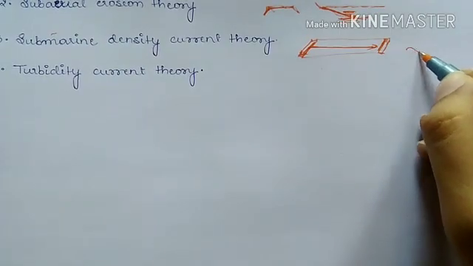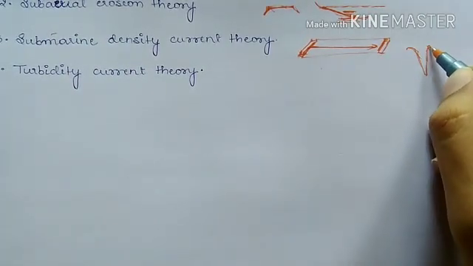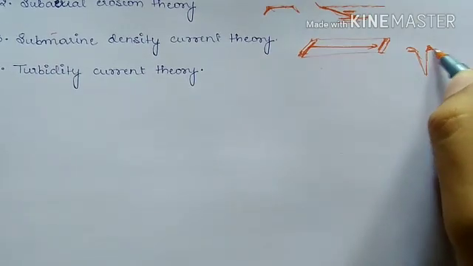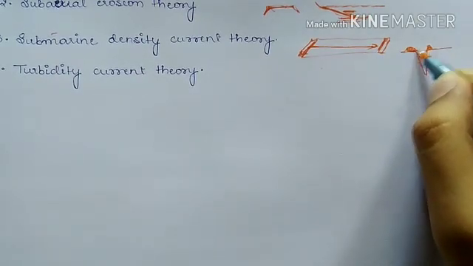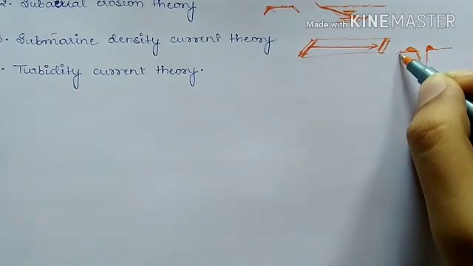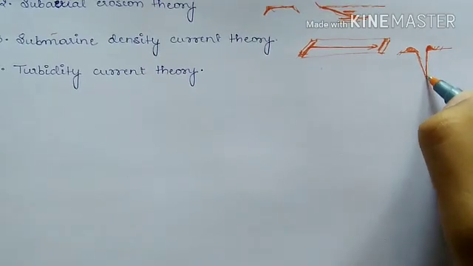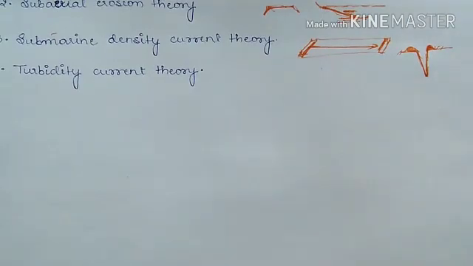So levees will be formed and trenches will be formed, and levees will be formed at their border because of sedimentation due to stagnant water. Because we have stagnant water, sedimentation will occur, and the trenches will be formed by the current.